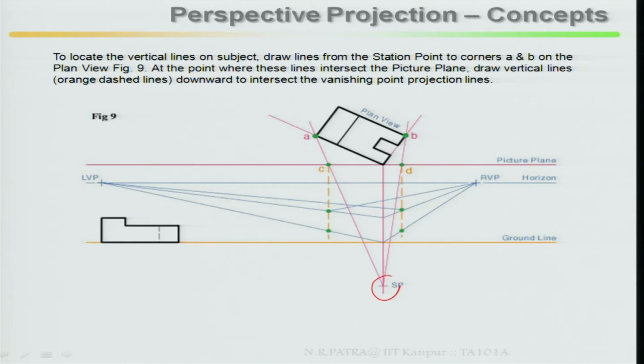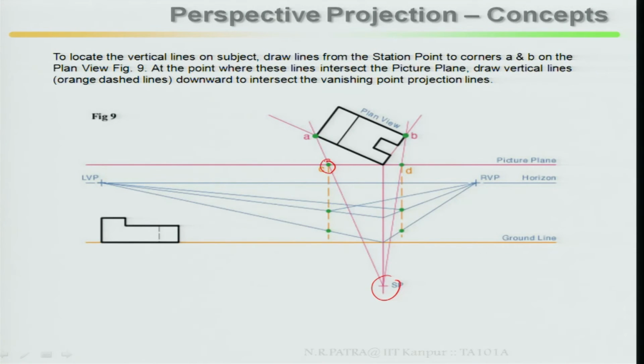Let us say, for example, from the station point to these two corners. First one I draw a line joining with point A, where the line intercepts your picture plane, that is at C.